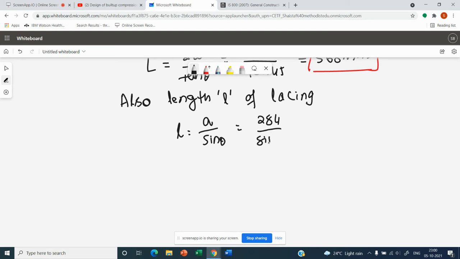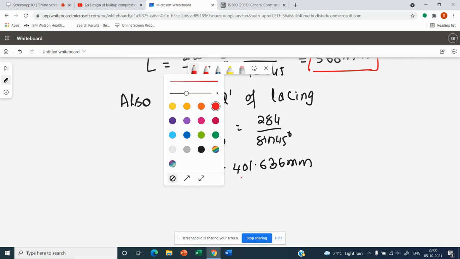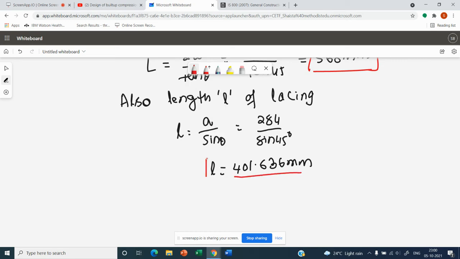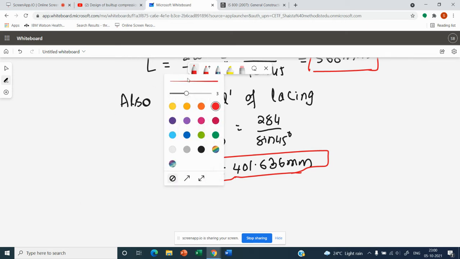Sine 45 degree. So on solving, we get l, that is length of lacing bar, as 401.636 mm or 401.64 mm. You can round it up to that value. Okay, so this is also completed, length of lacing flat or lacing bar. Step 3 is complete.